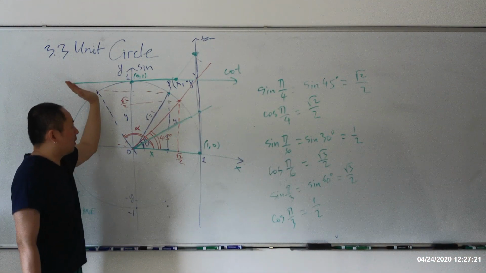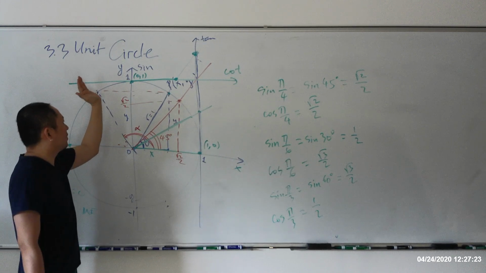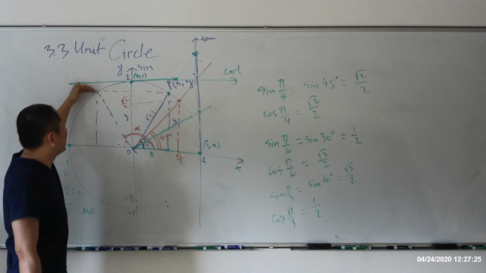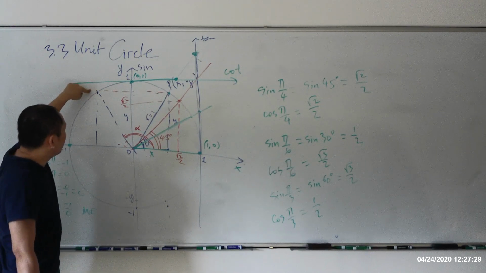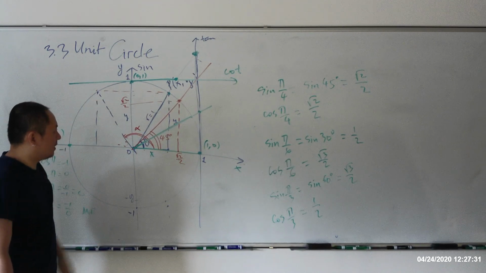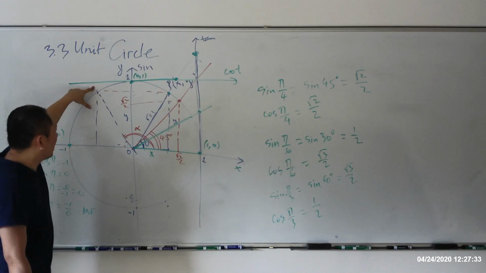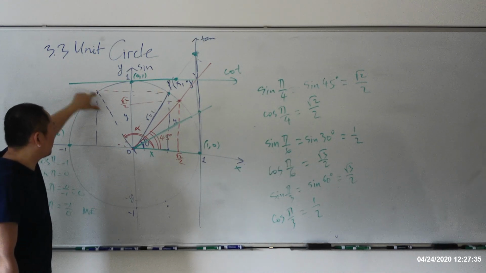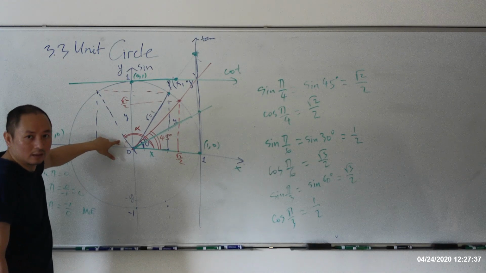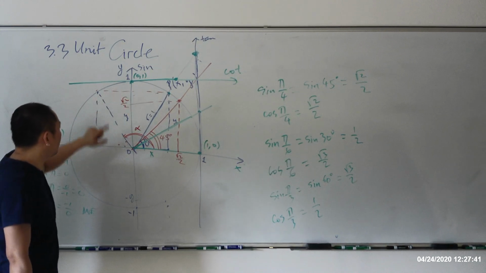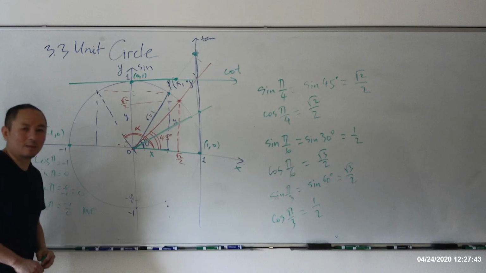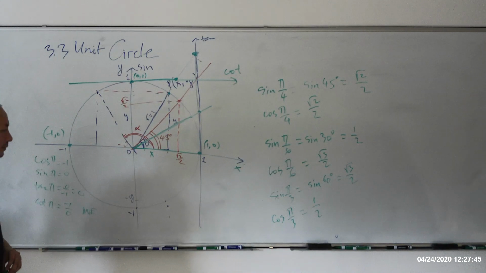When you move to quadrant number 2, you change the sign, right? Remember something called the coterminal angle. In quadrant 2, sine is still positive, but cosine is negative. So if you have an angle of 120 degrees, you think of 60 degrees. Sine is the same, but cosine is going to be the opposite. It's a negative number, okay?